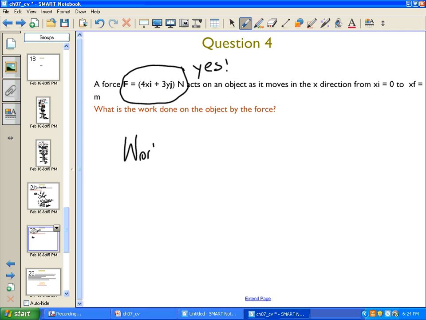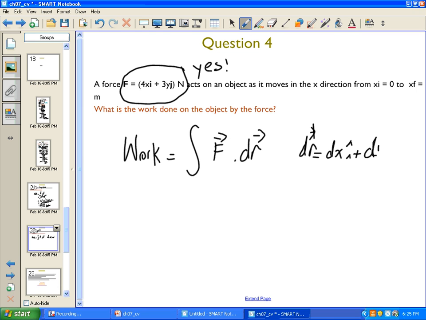Well, here, the work has to be determined by taking the integral of F dot dr. Okay, so how do we write dr? Well, dr has two components. It has a dx component, I hat, plus a dy component, j hat. The question is, which of these is appropriate in this case?